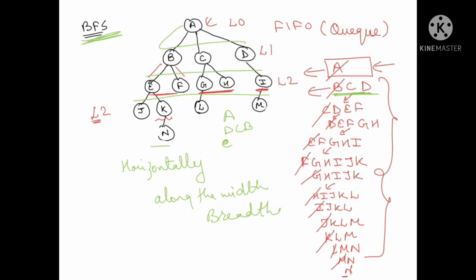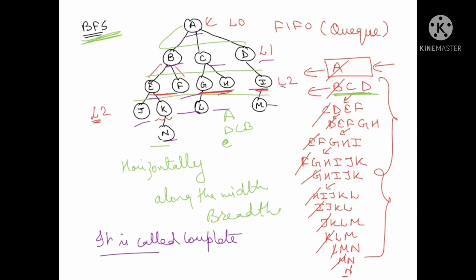Now, since it moves level by level, if you observe, there is no element left behind, right? If you observe carefully, it has covered all the elements. So when it covers all the elements, it is called complete.